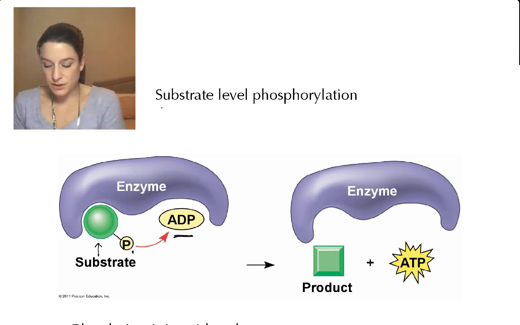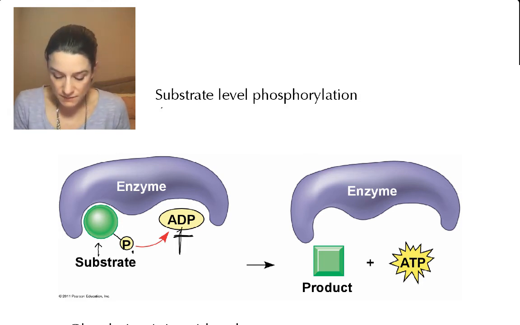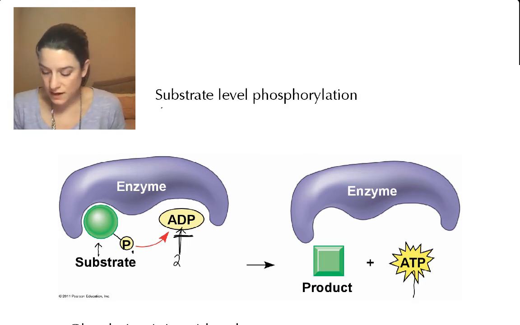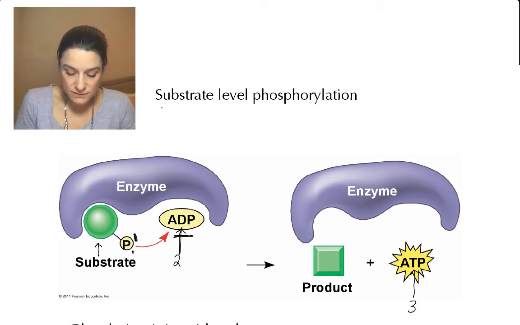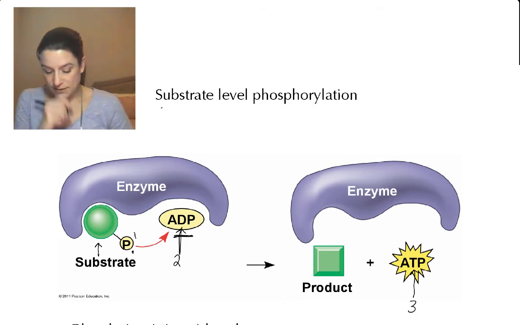And then a reaction occurs where you have the phosphate group get transferred. You can see the phosphate group got transferred onto the ADP, which is now ATP, because di means 2 phosphate groups, tri means 3 phosphate groups. Where's the third one here? There's your 1, so 1 plus 2 equals 3. And that is your substrate level phosphorylation.